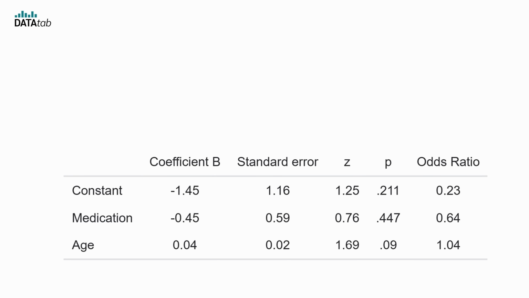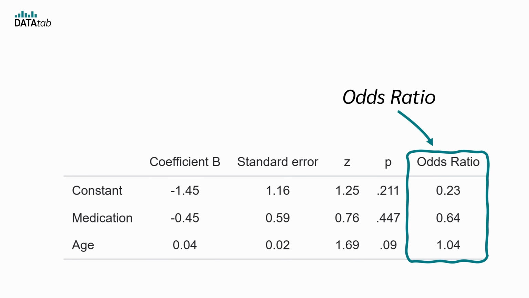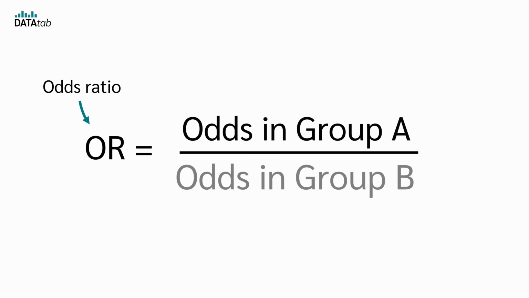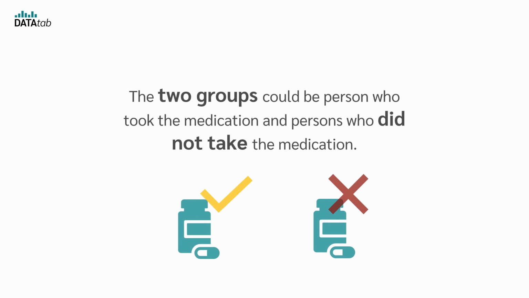Okay, but we are not interested in the odds alone. We are interested in the odds ratio. Again, the odds ratio is simply a comparison of the odds of an event occurring in two different groups. The two groups could be persons who took the medication and persons who did not take the medication.